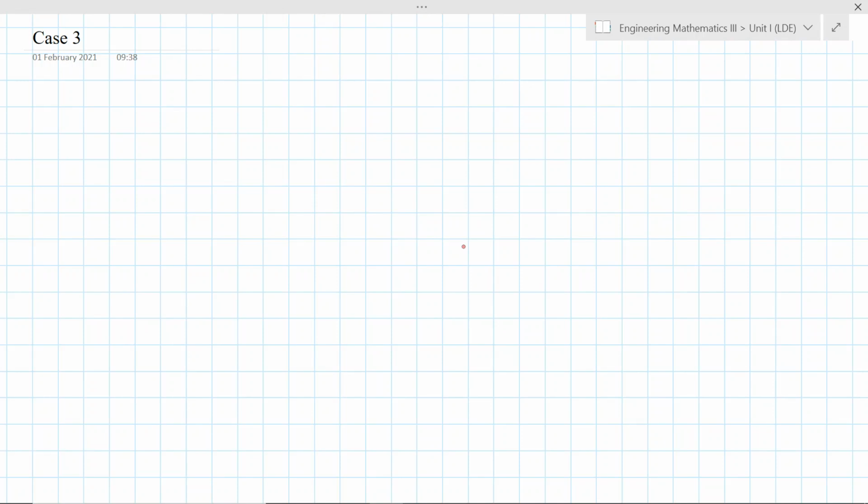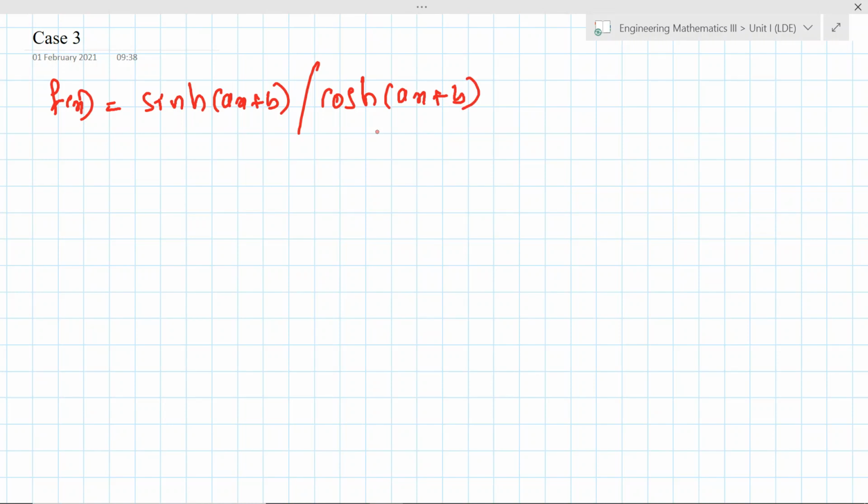This case is similar to that of the second. So if my f(x) is equal to sine hyperbolic (ax plus b) or cos hyperbolic (ax plus b), the only change is in yp.